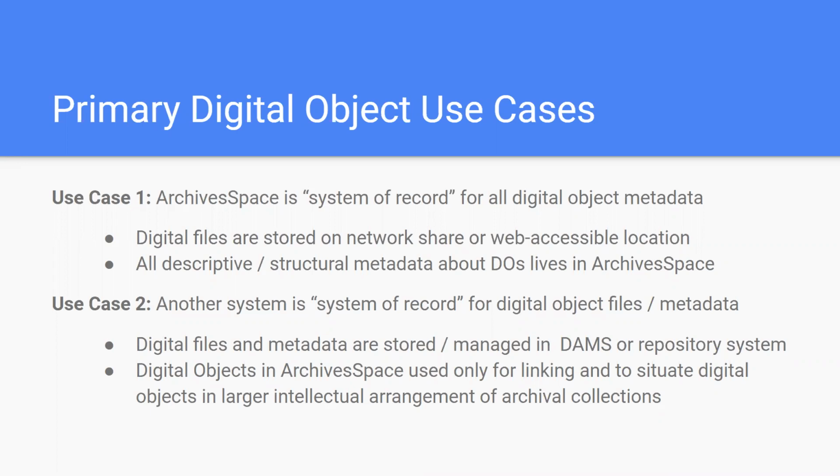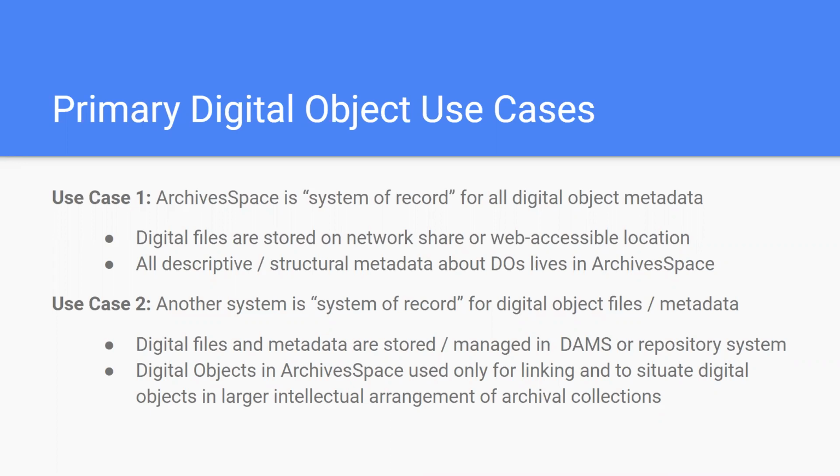The second use case, and in my experience this one is much more common, is definitely the use case that applies to us at Duke. This use case is that you have some other system of record for your digital object files and digital object metadata, whether that's a repository or some other kind of digital asset management system or exhibit software.